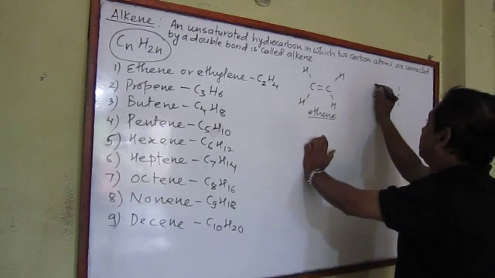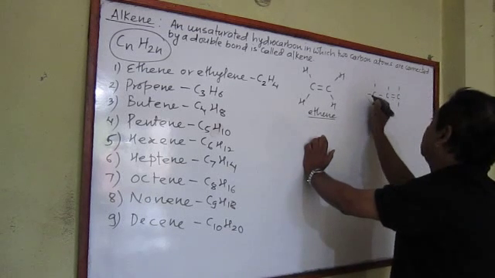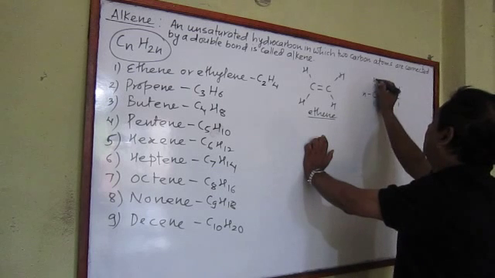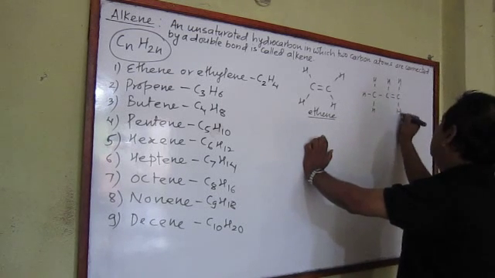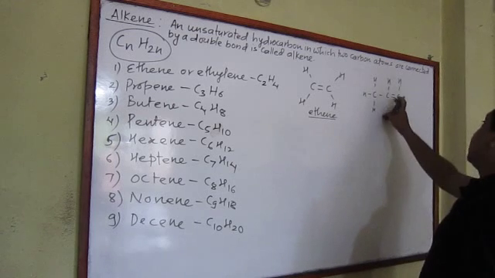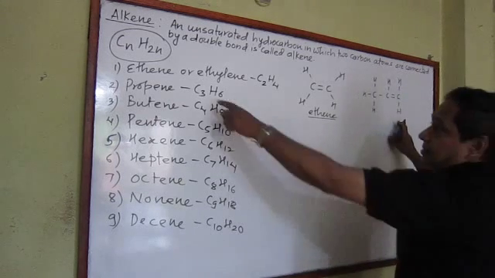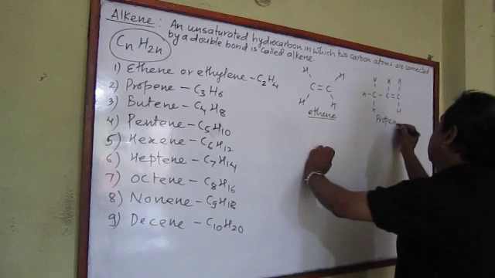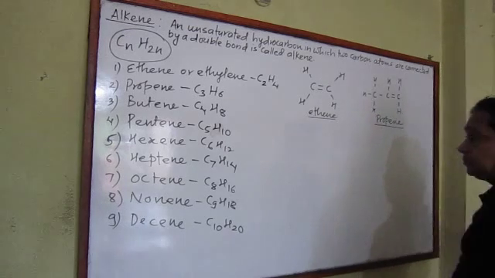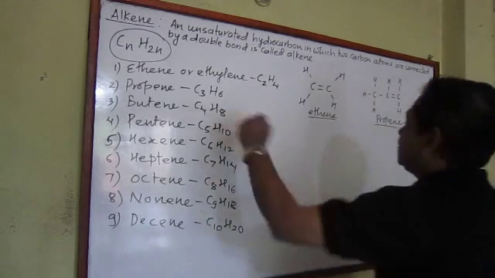Now this carbon has got 1 bond, and that's why I'm going to write 3 bonds more, and this way propene forms. This is the structural formula of propene. C3H6. This is propene.